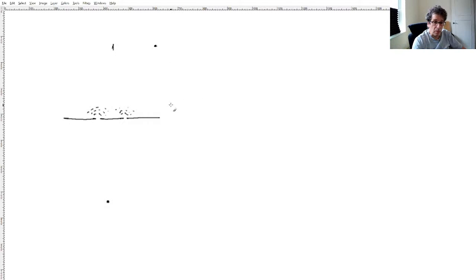So now we basically draw the picture as we did before. We take a midline like that, and we take the mid path between them.